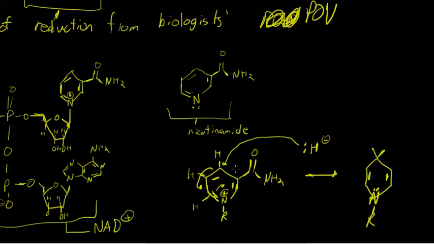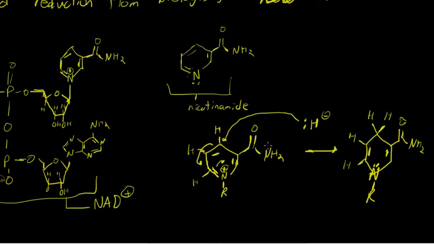You'll have an additional hydrogen on this carbon. These two will still have one hydrogen. This amide group will remain unchanged, and I guess I could write the lone pair electrons here. So you do gain a hydrogen here at this carbon.